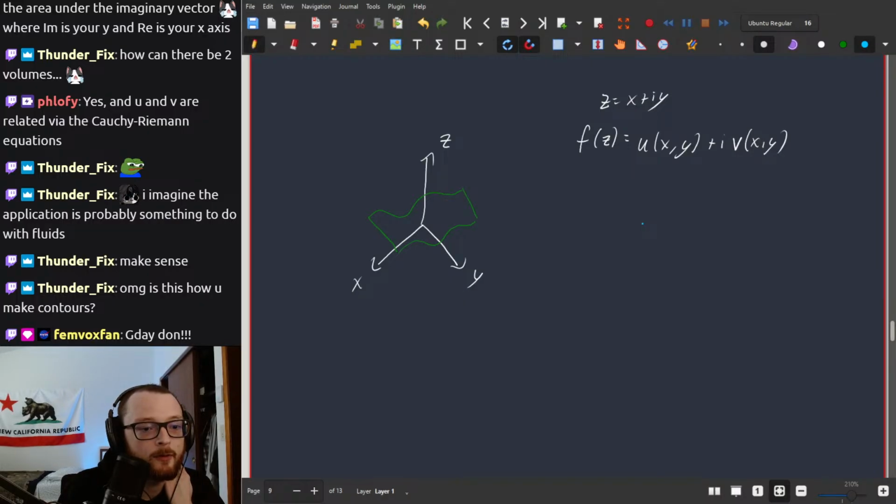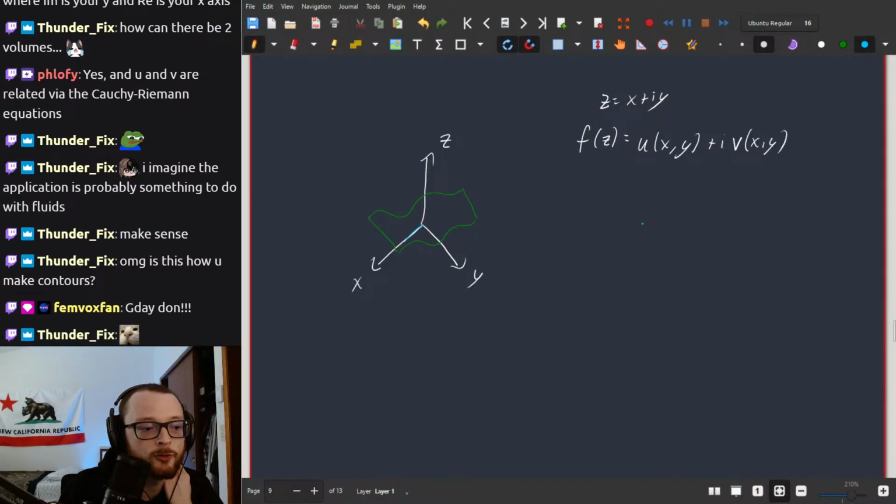So, how a contour integral is different. We just drew this two-dimensional area, and we were asking for the volume under the surface inside this area.